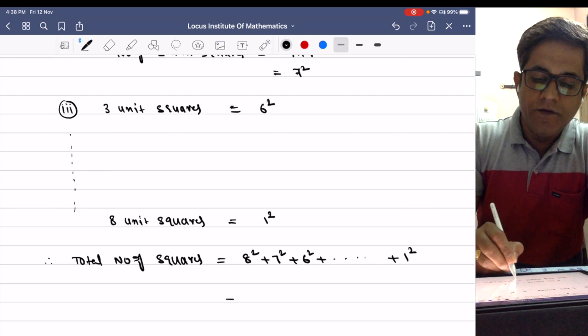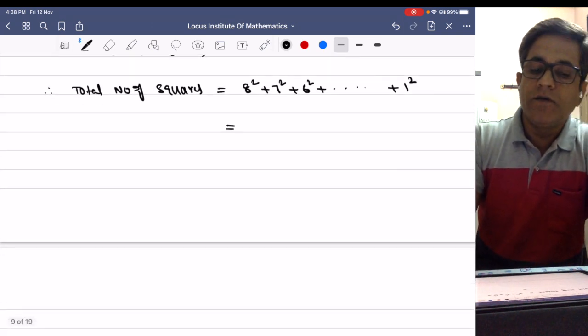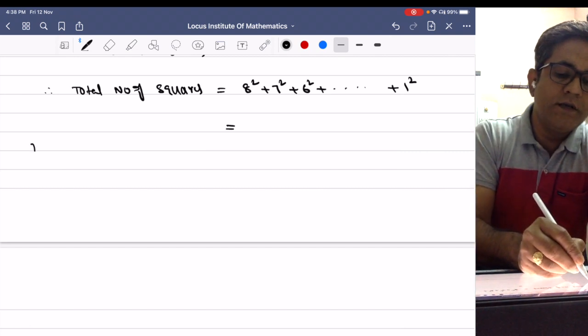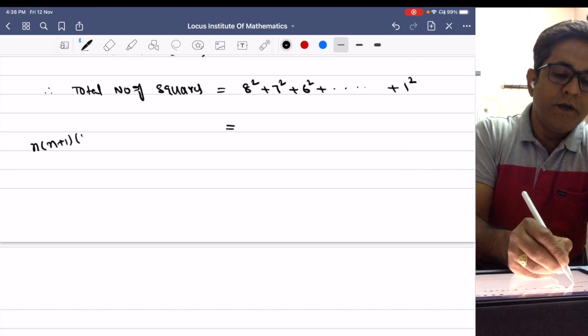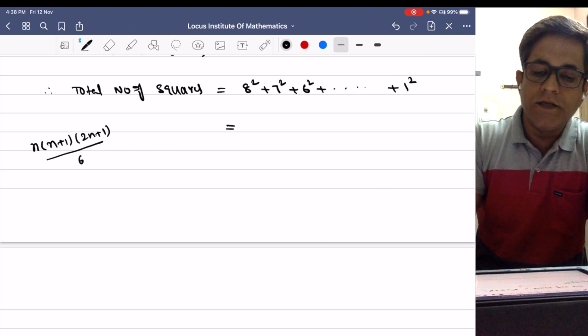So the total number of squares is equal to the sum of the squares of 8 natural numbers. Therefore, we have the result: the sum of the squares of n natural numbers is n into n plus 1 into 2n plus 1 over 6. So this is the result.